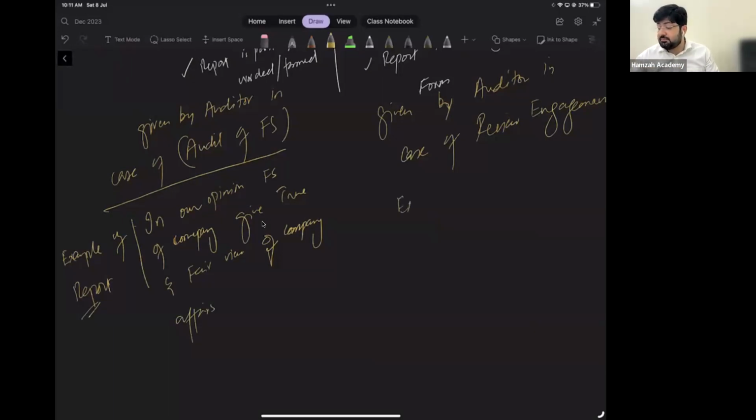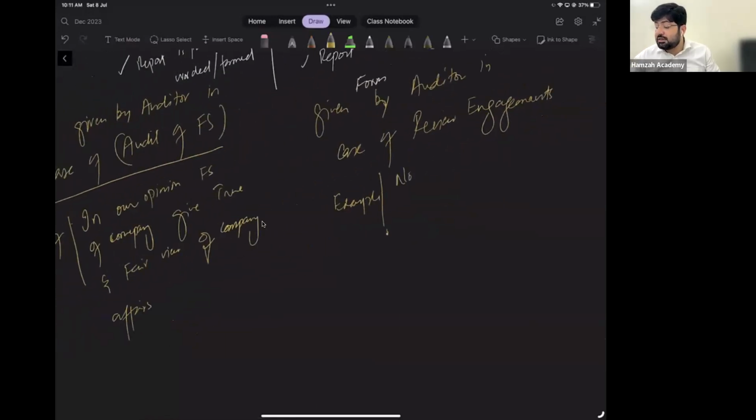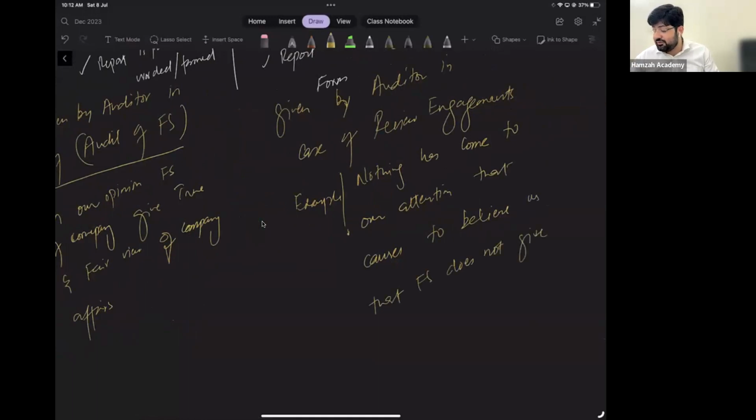Here the example: nothing has come to our attention that causes us to believe that the financial statements do not give a true and fair view of the company's affairs. You see, a negatively worded report.